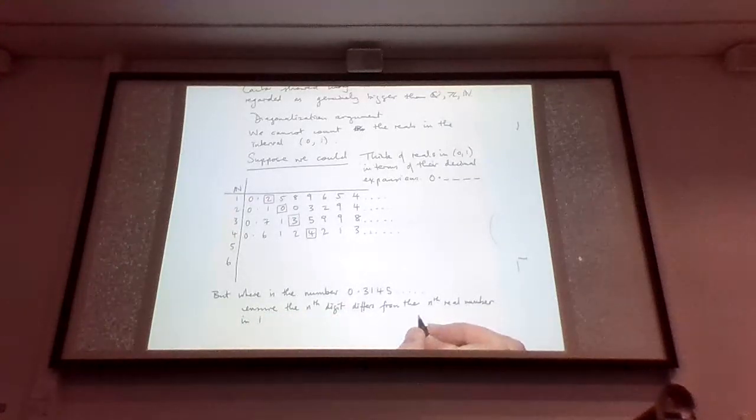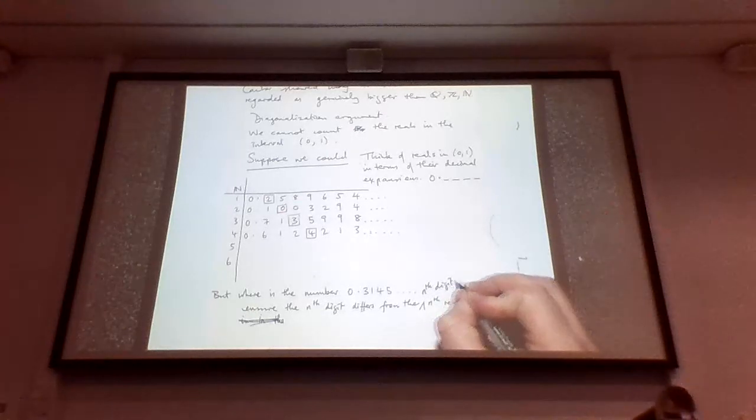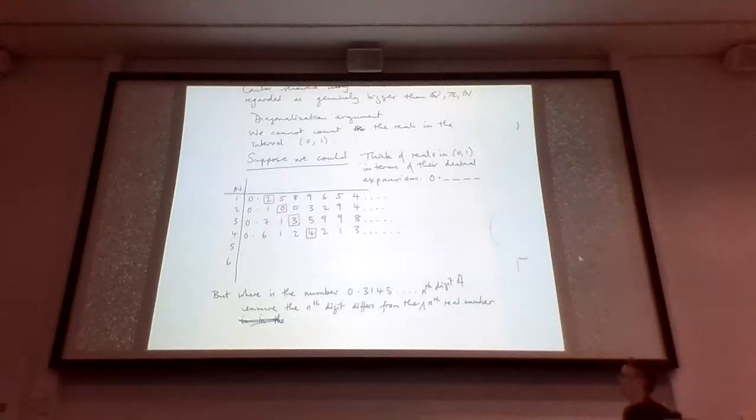Ensure the nth digit of this differs from the nth digit of the nth real number. So the first digit of this differs from the first digit of the first number. The second digit of this differs from the second digit of the second. The third digit differs from the third digit of the third. Okay.